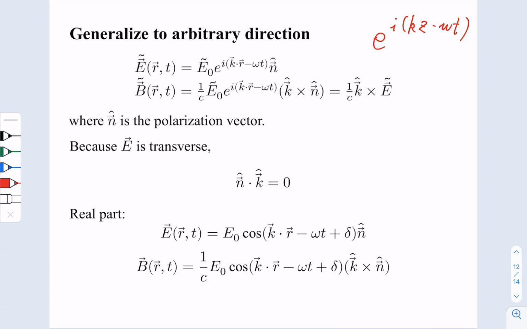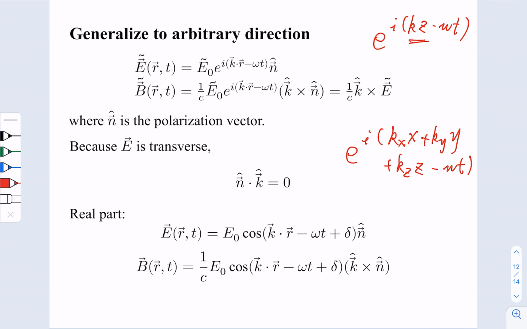Instead of writing kz, we can write e to the minus i times (kx times x plus ky times y plus kz times z minus omega t). So this is a general wave function in an arbitrary direction.